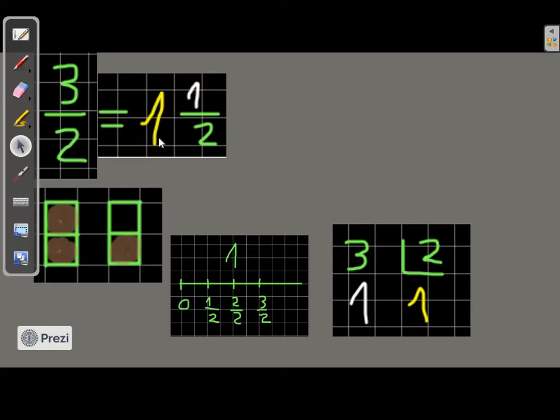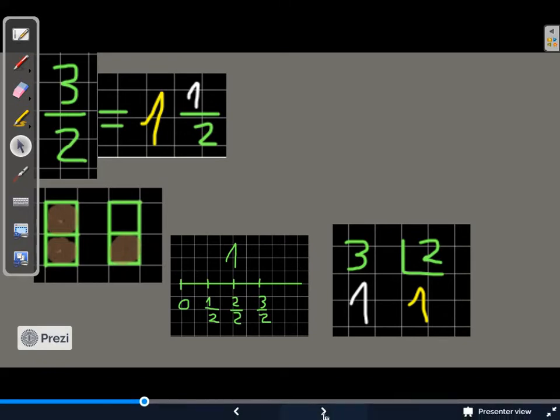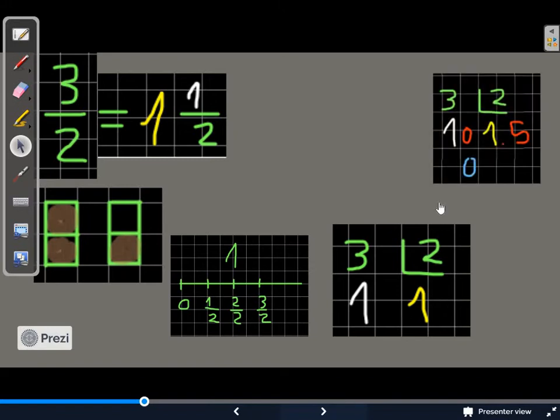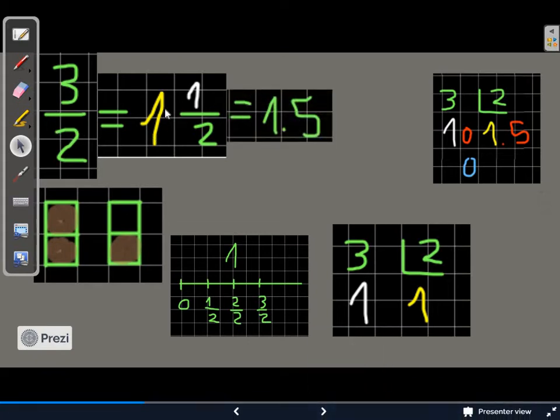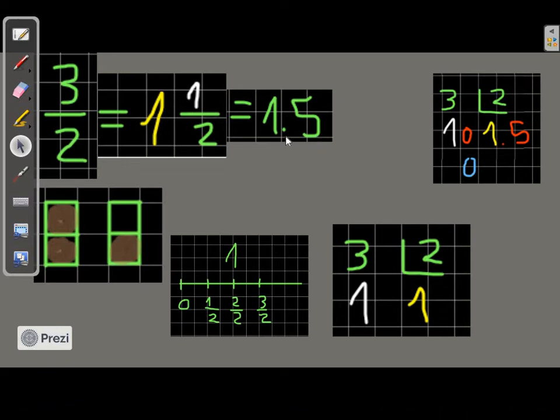As you can see here, remember 3 halves is after 1. And here we can find 1 and a half. That is 3 halves. And remember, we can transform this into a decimal number. 1 divided by 2 is equal to 0.5, or basically 3 divided by 2 is equal to 1.5, and that means that 3 halves, or 1 and a half, is equal to 1.5.